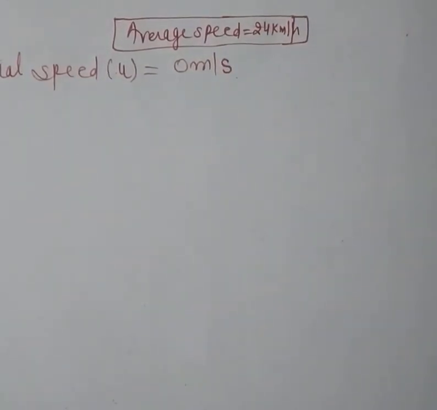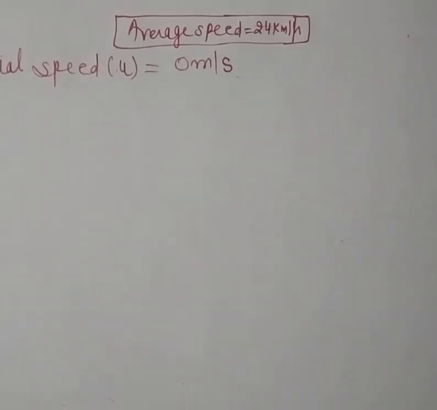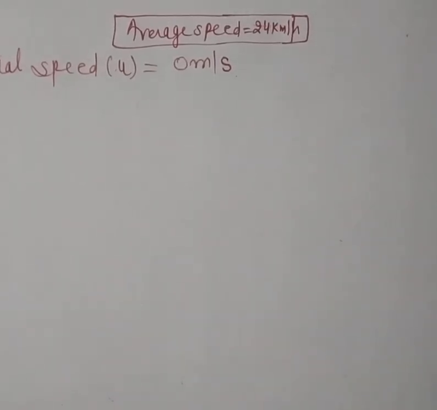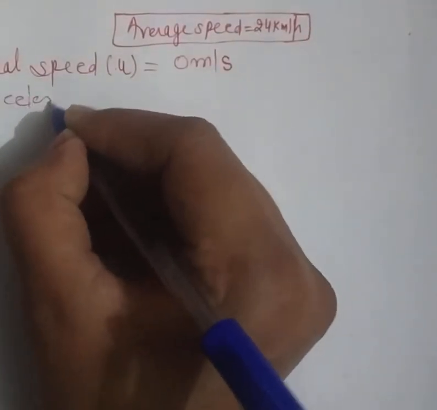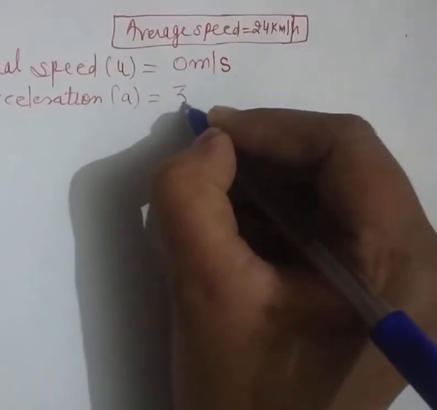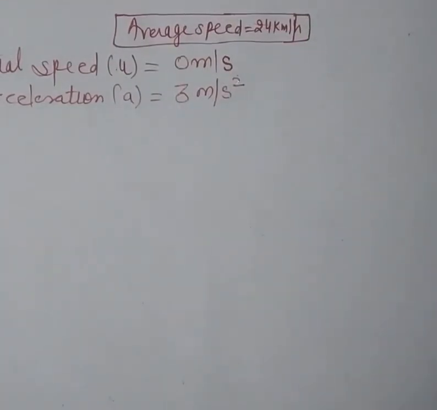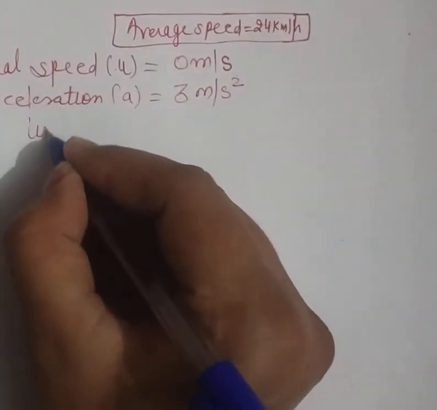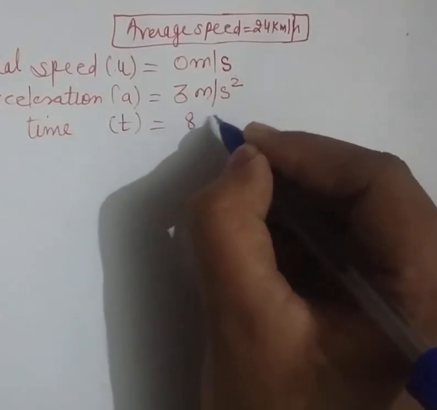A motorboat starting from rest on a lake accelerates in a straight line at a constant rate of 3 meter per second square. It means acceleration, that symbol is a, is given to be 3 meter per second square for 8 seconds. So time is given to us as 8 seconds.